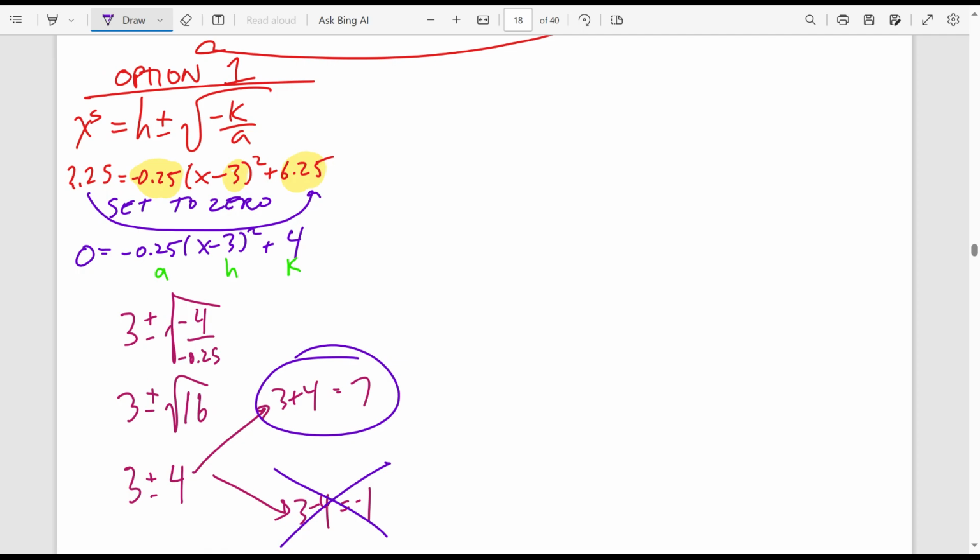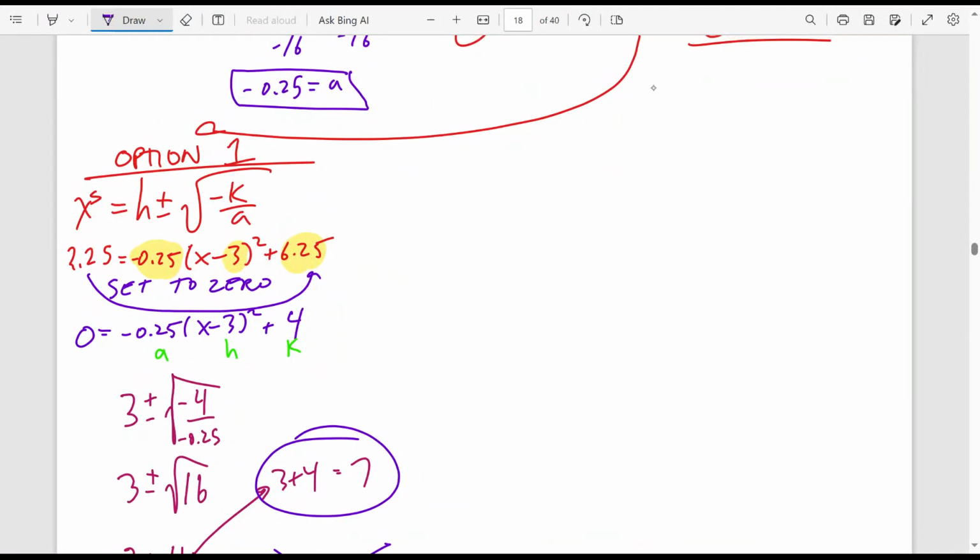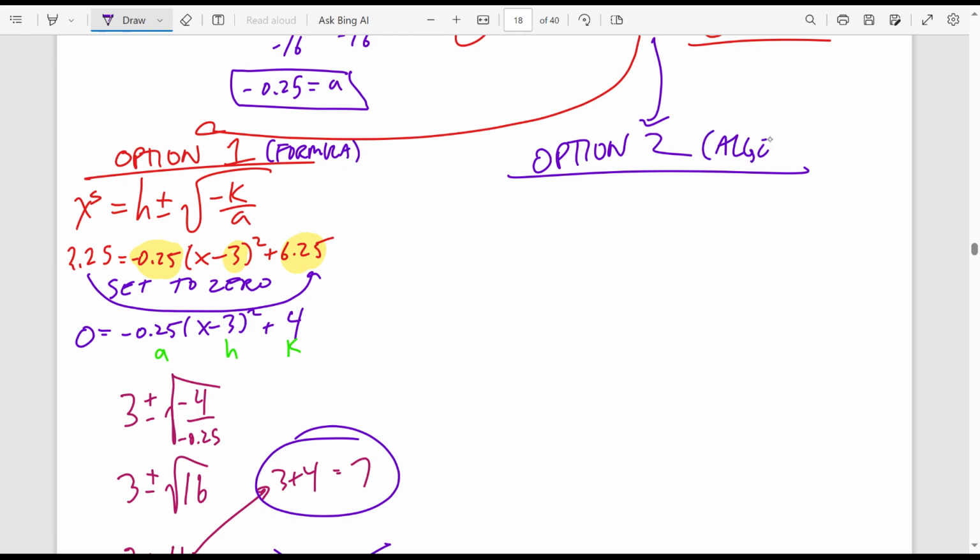If you don't like this method, if you are a PHS algebra, sorry, let's do that. Option 2. So this guy here will just say, that's just the formula. This is algebra. Okay? So we start at the same point. 2.25, I'm plugging it into the vertex form rule, squared plus 6.25.